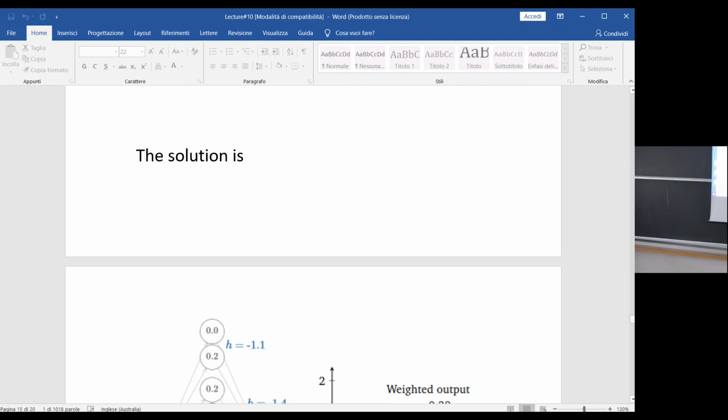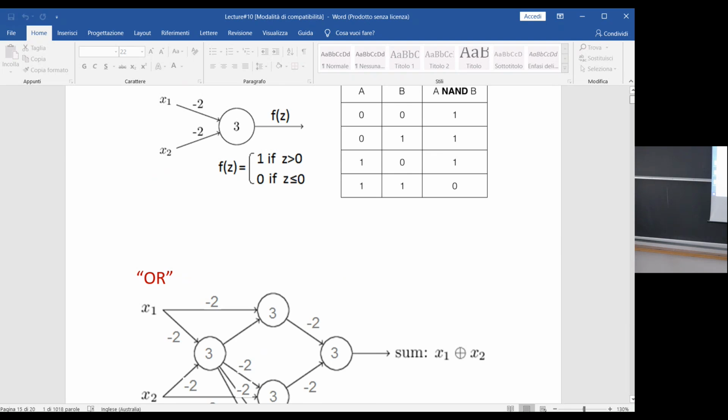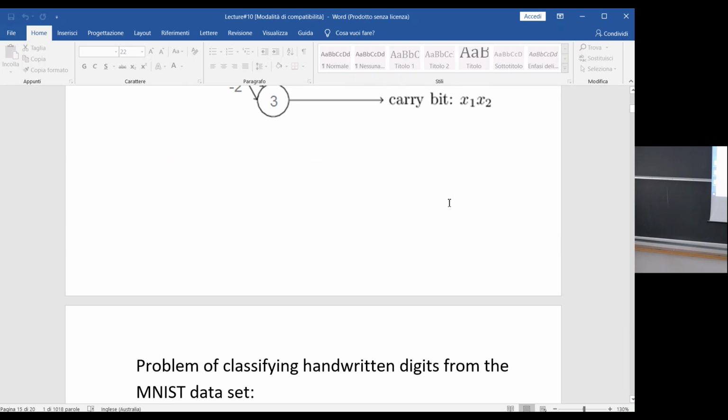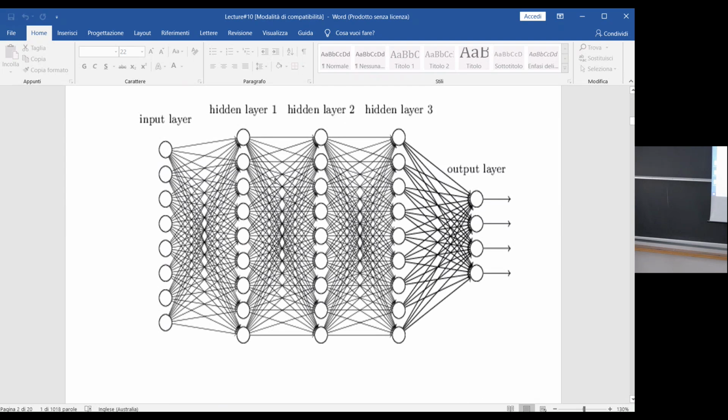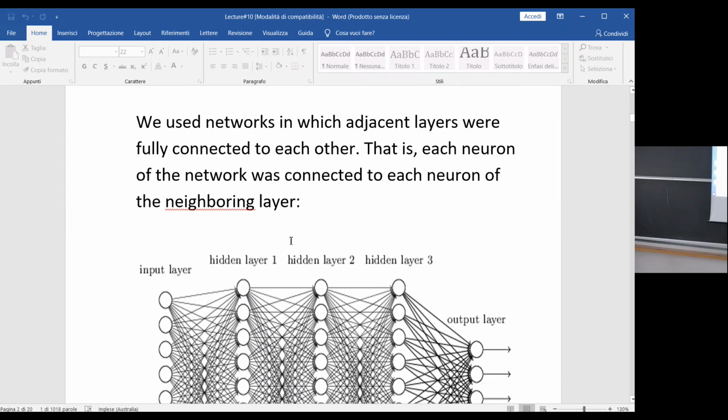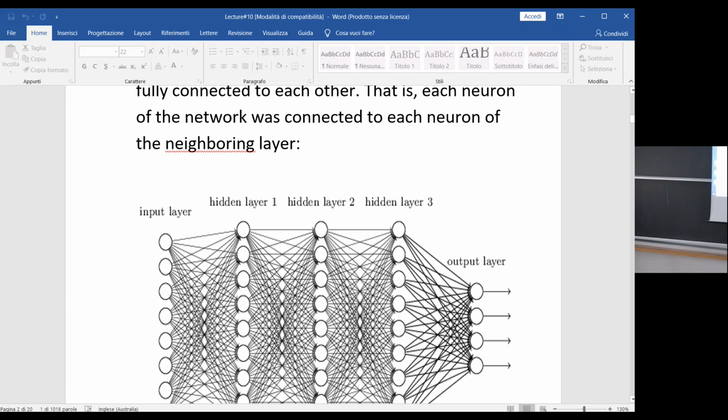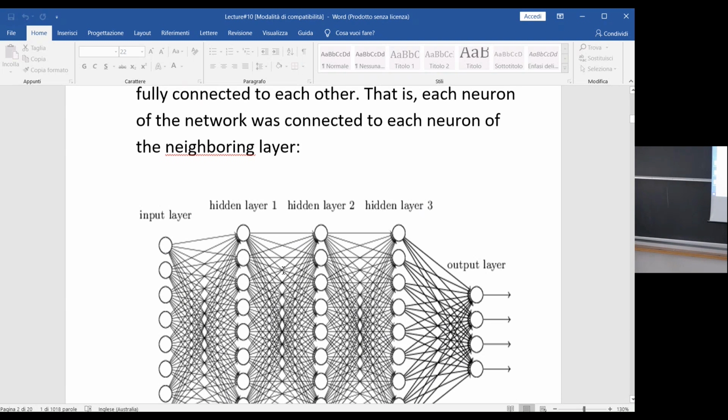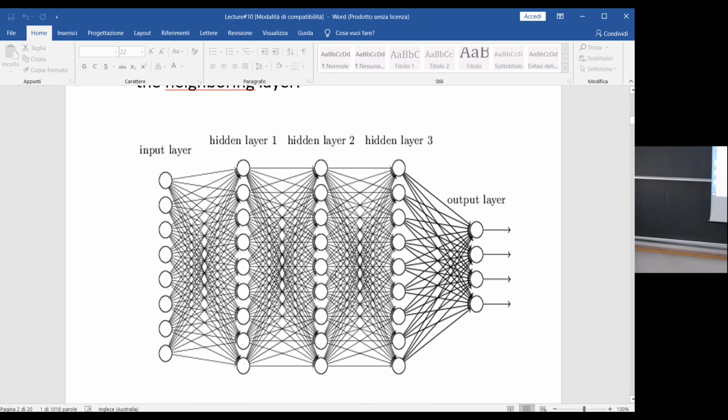Before, we dealt only with fully connected neural nets, where the layers are interconnected through all their neurons. Every neuron is connected with the other neurons.